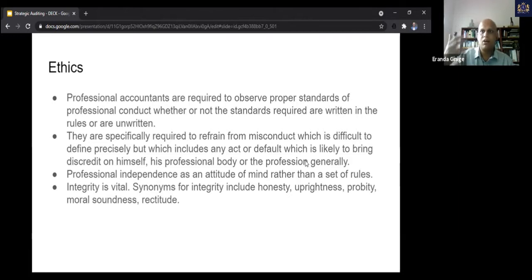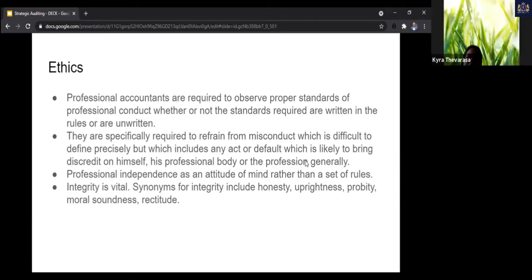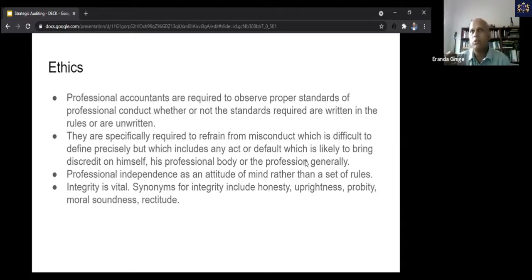If they are chartered accountants, then their body, right? So they say, oh, the chartered accountants of Malaysia, they have these kind of people, right? They will bring discredit to the body and to the industry as well, right? So every individual, every accountant has an obligation beyond themselves.